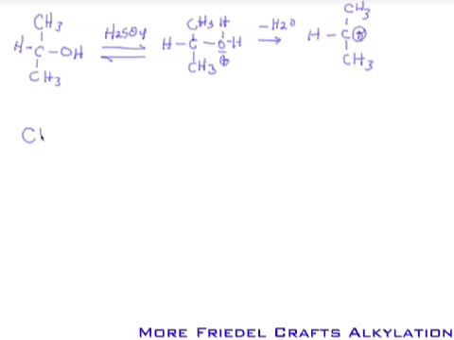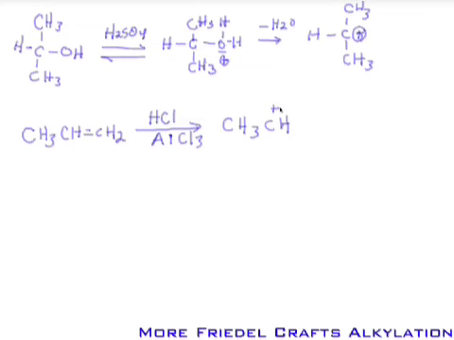Likewise, the carbocation can be prepared from the alkene, for example, propene. If I react propene with HCl and AlCl3, the AlCl3 will scavenge the chloride, the H will add Markovnikov, and I will produce the same carbocation, isopropyl carbocation.